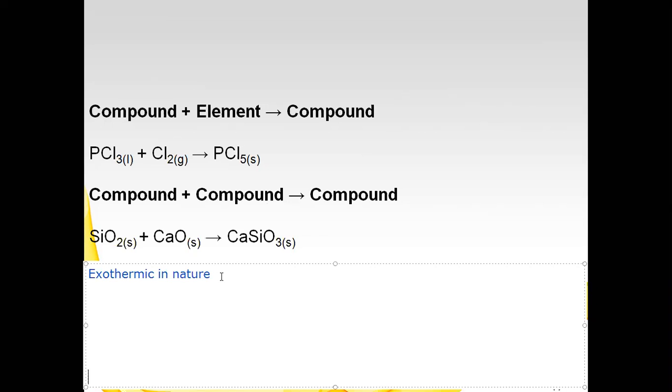New bonds are formed, and due to this formation of new bonds a big amount of energy is released. So most combination reactions are exothermic in nature.